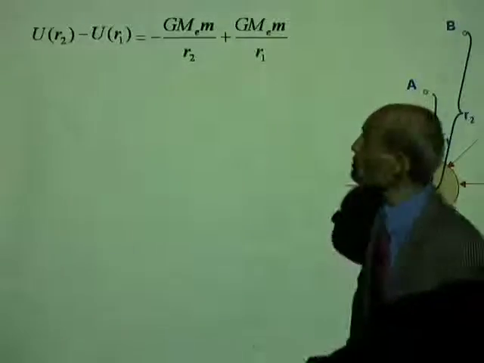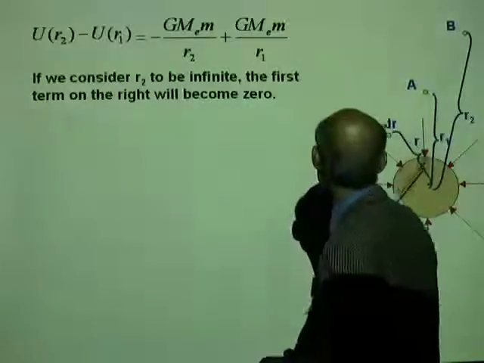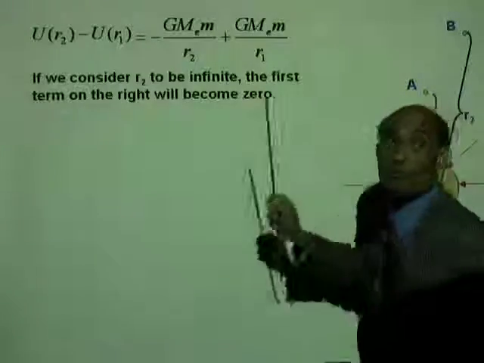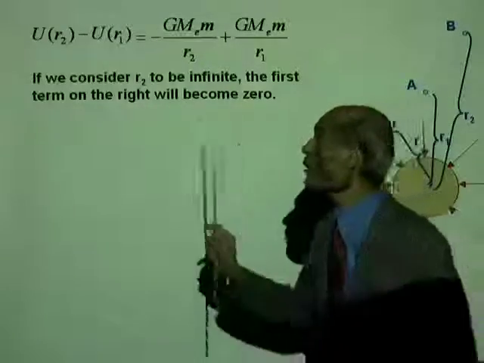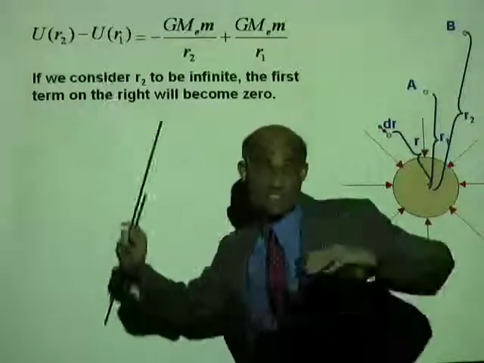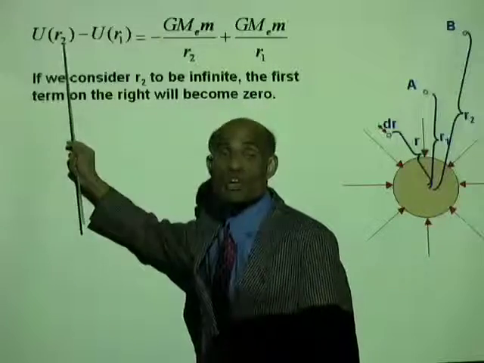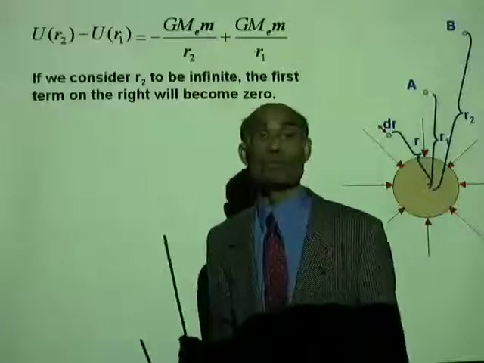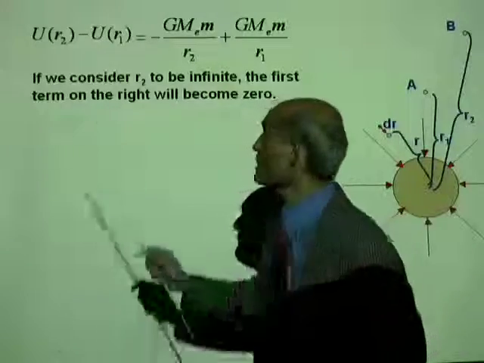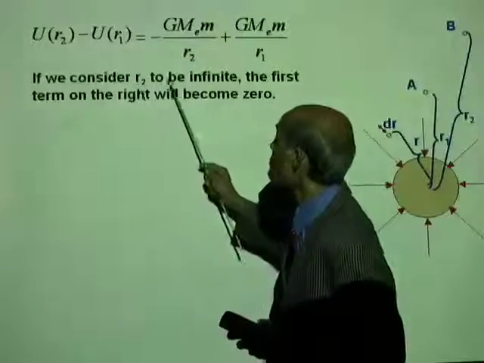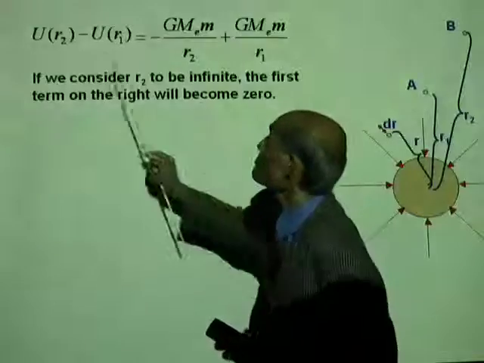Okay, now we're going to talk about, if this R2, or the point B, is at infinity, if point B is an infinite distance from the Earth, what will be the potential at point B? What did we say the potential at infinity is? 0. So if we consider R2 to be infinite, the first term on the right will become 0.